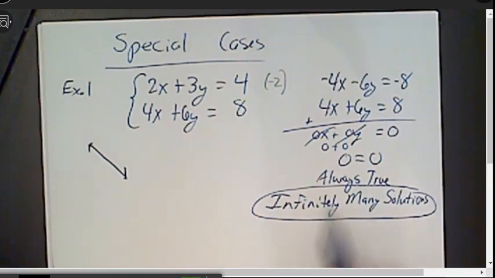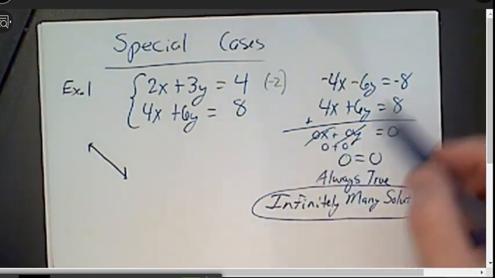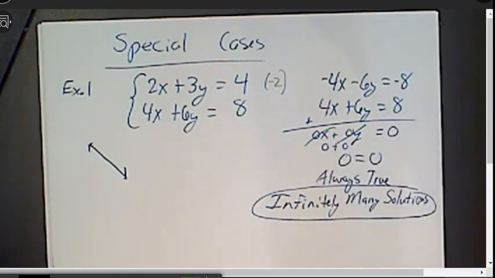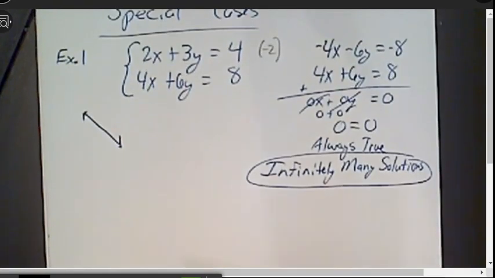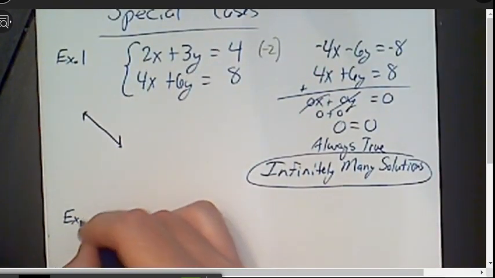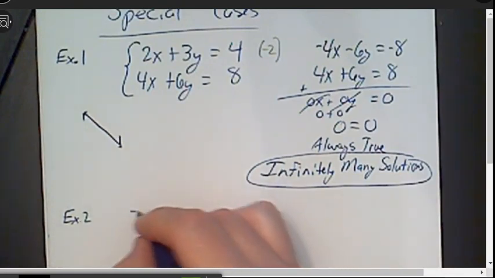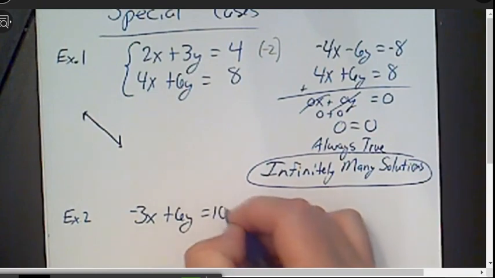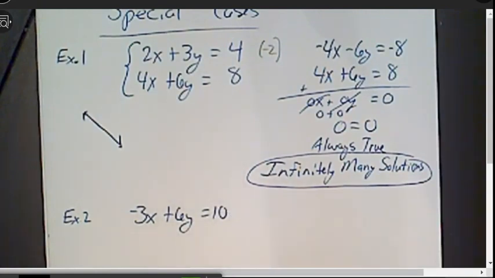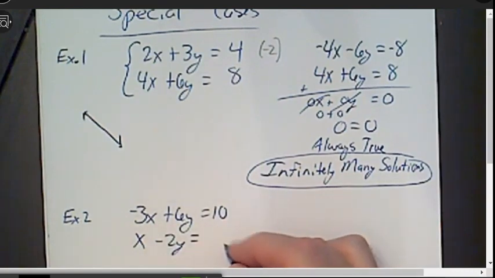Okay, so if you get to the end and both variables are gone and it equals 0, then that's going to be always true. Here's the other special case you get on this one. Let's go with -3x plus 6y equals 10, and then x minus 2y equals 5.